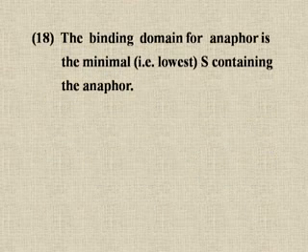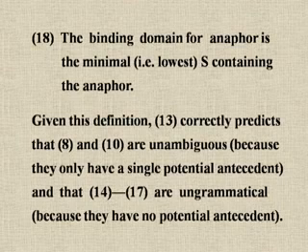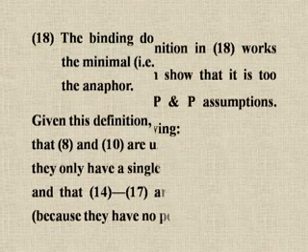The binding domain for an anaphor is the minimal S containing the anaphor. Given this definition, we correctly predict that (8) and (10) are unambiguous because they only have a single potential antecedent, and that (14) to (17) are ungrammatical because they have no potential antecedent.